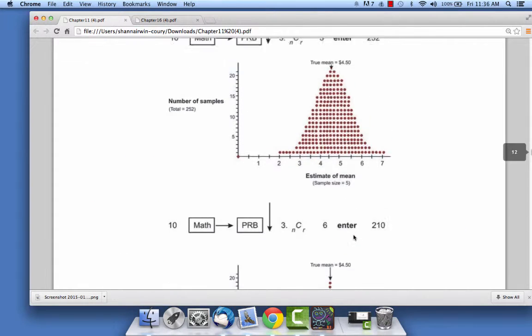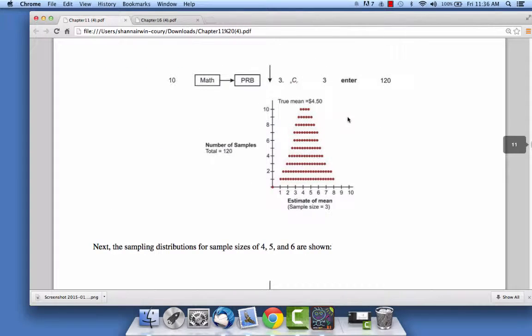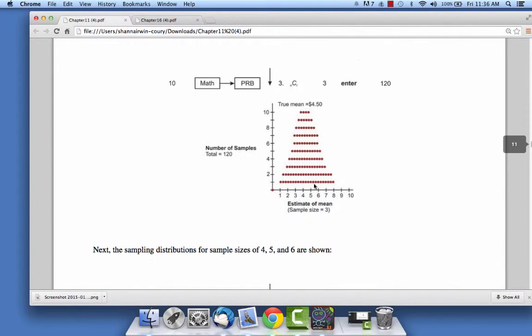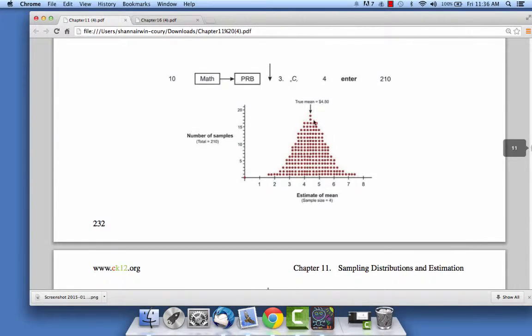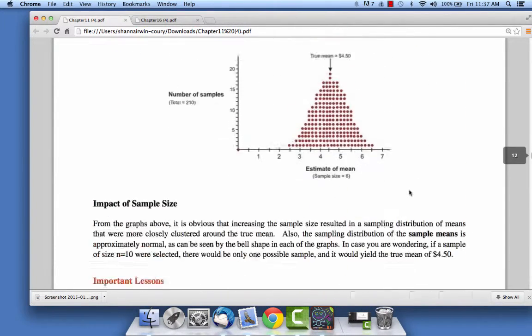You can see here, even with the size 3, it was not horrible. Size 4 is quite a bit more normal, but at any rate, I think your Cheeto Lab has a size 3, and we're going to use it. So it won't be perfect, but we're going to use it there anyway.